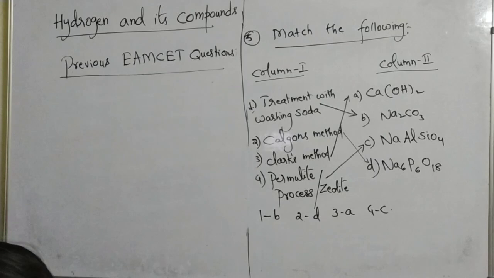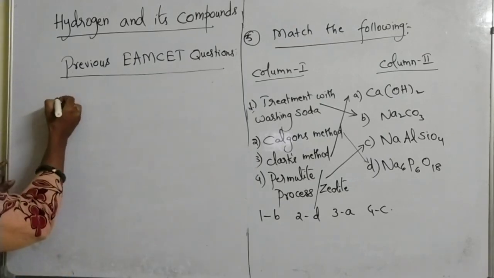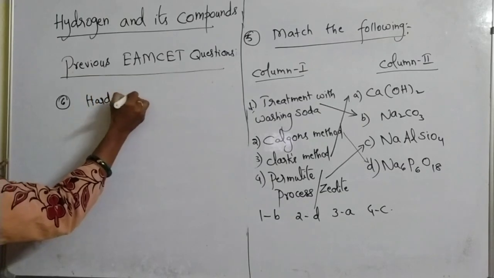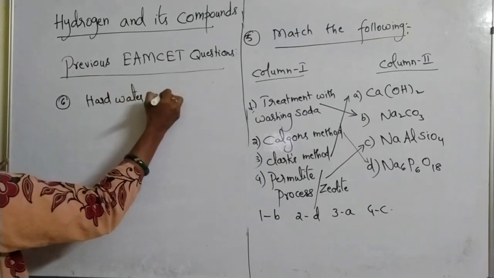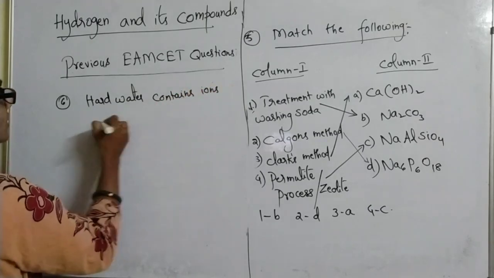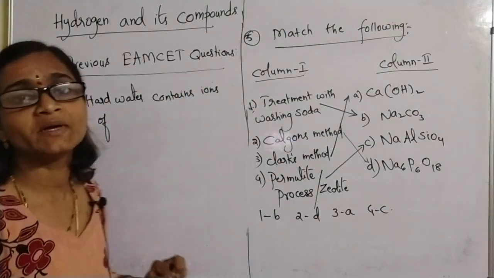Hard water contains ions of dash and dash. Sixth question. Hard water, just now we have discussed. Hard water contains ions of calcium and magnesium.